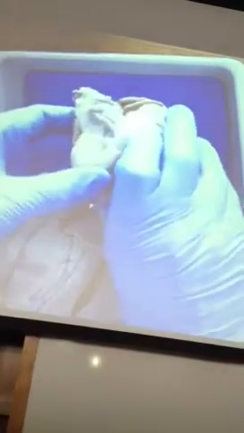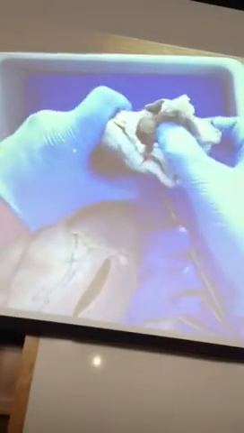Left atrium. Okay, so let me put my heart back together again. To see the pulmonary veins and the left atrium, you have to flip the heart around on its posterior surface. This big hole here represents where the pulmonary veins would have been. There's usually four pulmonary veins.